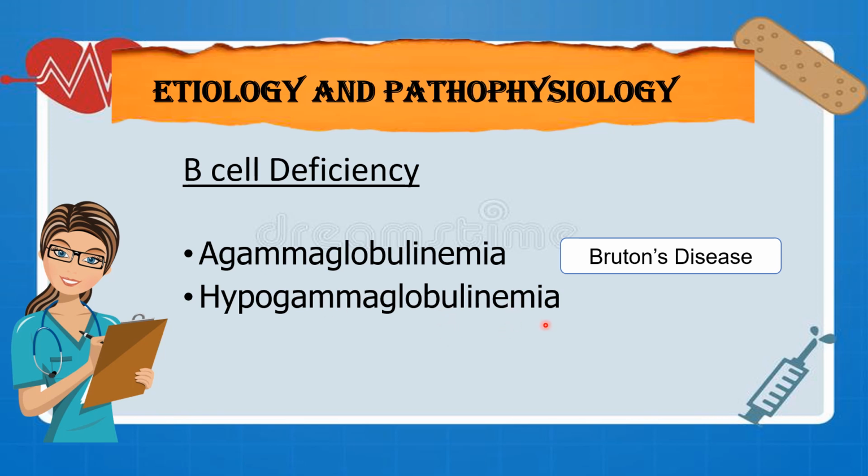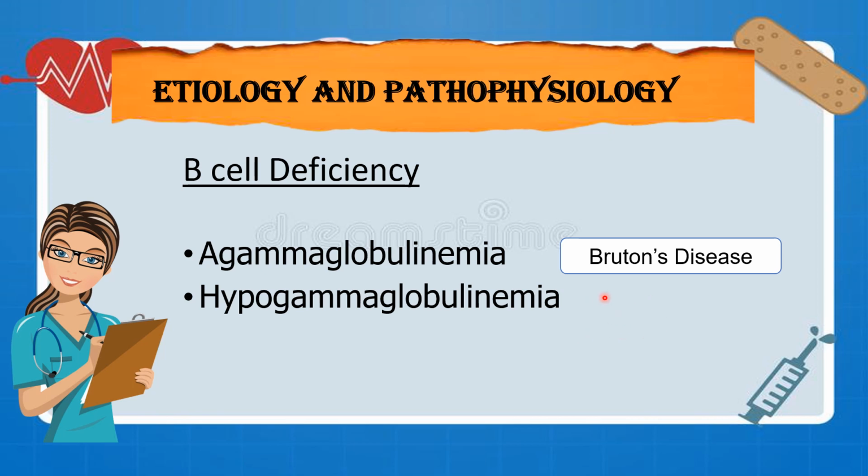while hypogammaglobulinemia, which is also called CVID or common variable immunodeficiency, wherein it could have one Ig that is affected, or also called pan-hypogammaglobulinemia, wherein there is a general lack of immunoglobulins.